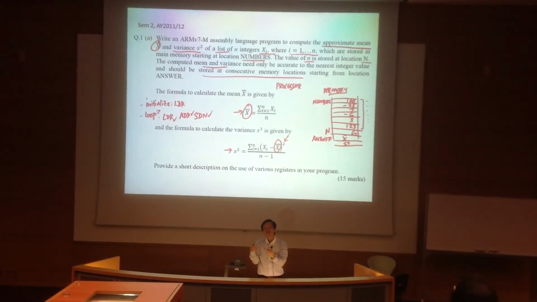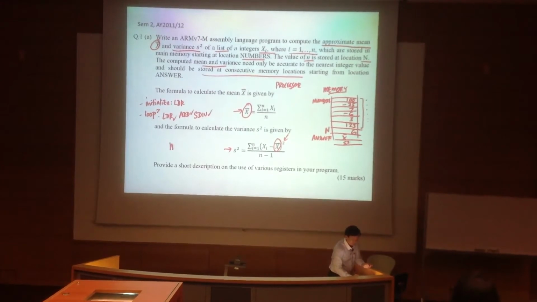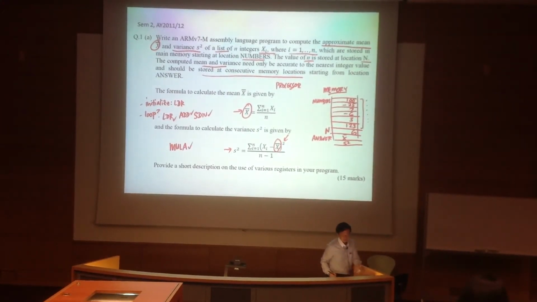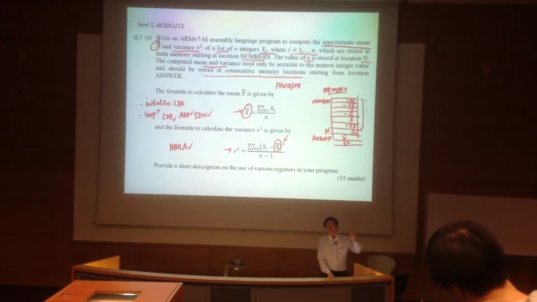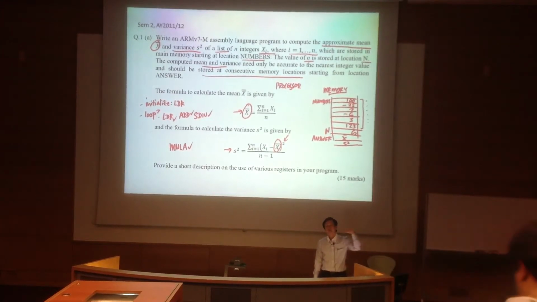Which is multiply accumulate, right? So we will be using multiply with accumulate to do this. And then we also have to divide and so on. So you know that once you have a loop, you're going to have a loop counter. You're going to subtract the loop counter every time you go around.